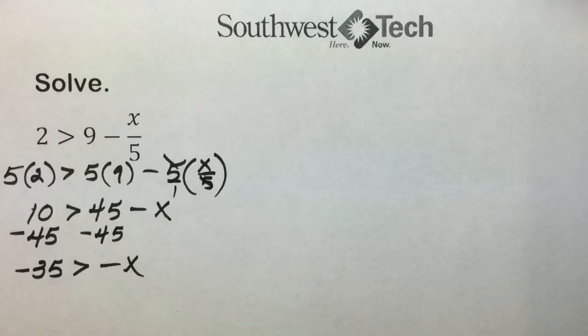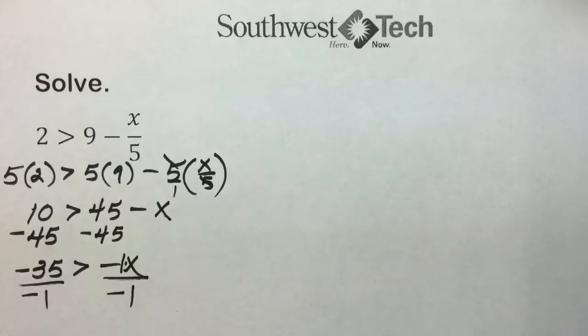This negative x is short for negative 1x, and just as with equations, in inequalities, we want a positive 1 coefficient on our variable. We can either multiply both sides by negative 1 or divide both sides by negative 1 to cancel out that negative, but this is the special case for our multiplication principle for inequalities.